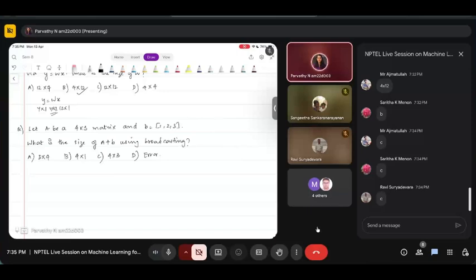Yeah, so here to each row of A, this 1, 2, 3 will be added. So it will be the same, 4 by 3. The size will be 4 by 3. So select this one.